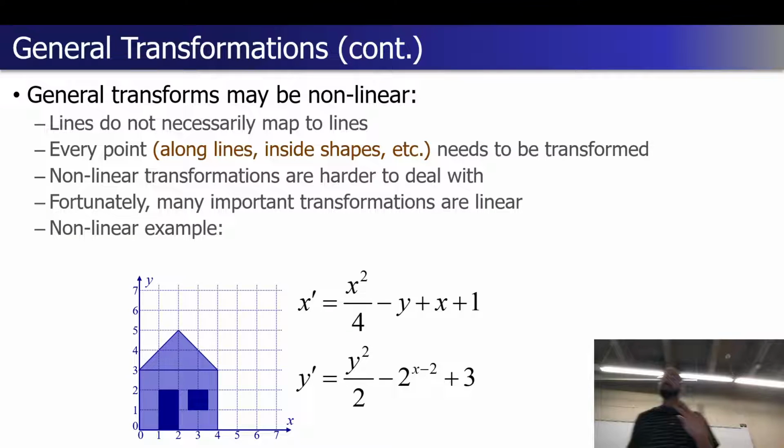If we were to do a nonlinear transformation, it's going to be harder to deal with. If we're not preserving lines, if we take input vertices, it's not clear what the end result should be. This is totally arbitrary nonlinear math here, assuming our transformation function was something like this. Given an x and y value, calculate x squared over 4 minus y plus x plus 1, or the y function we have down there.